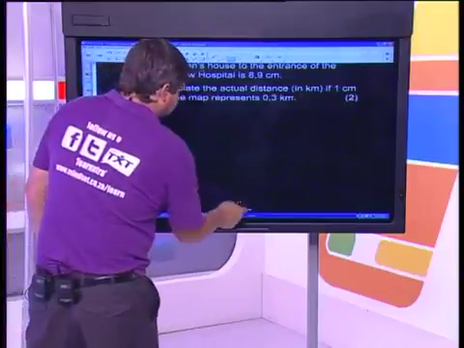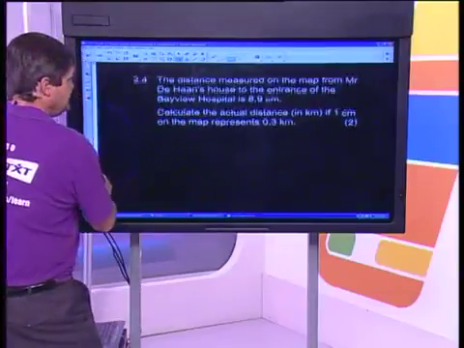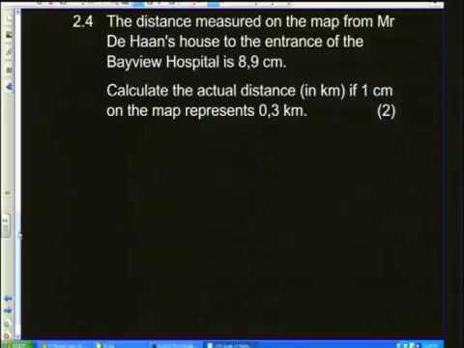So what we're actually saying here is that we know the distance is 8,9 centimeters. Now, what is the actual distance in kilometers, if 1 centimeter on the map represents 0,3 kilometers?